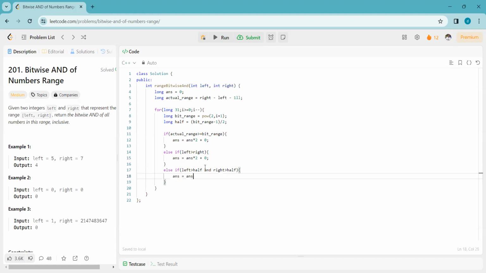In the all ones case, we will add 1. Else, it means it contains either all zeros or some zeros, some ones. In that case also, we will write answer into 2 plus 0.